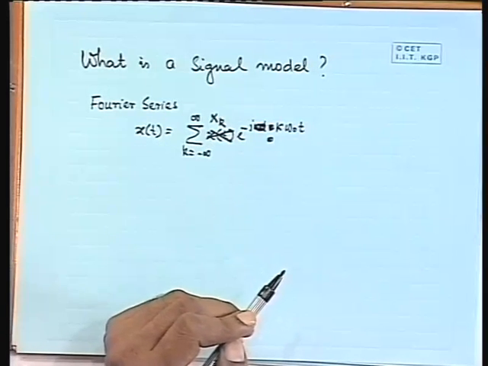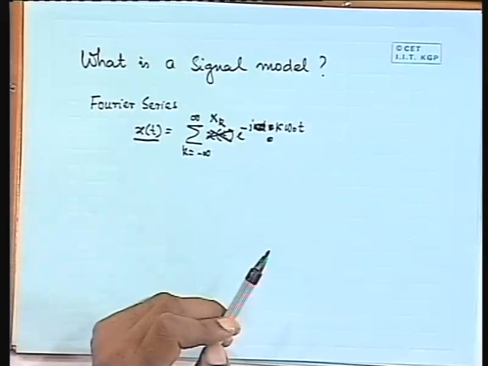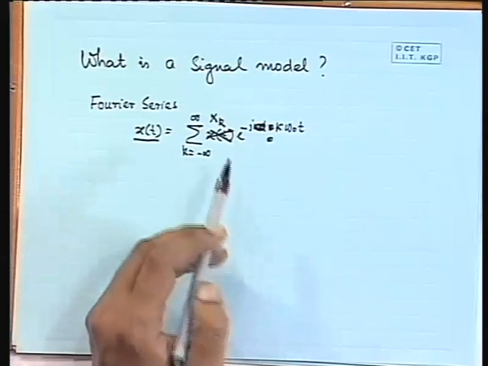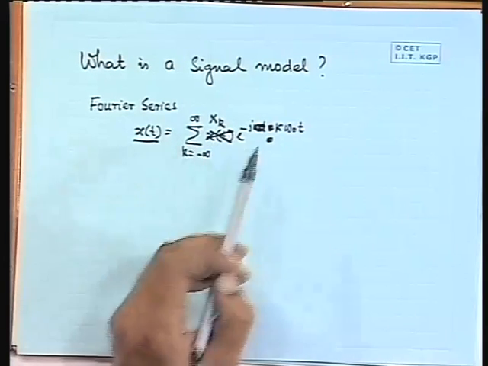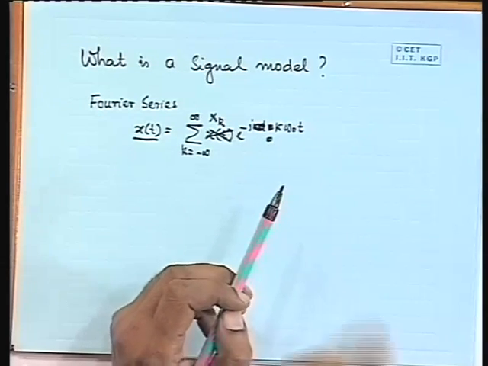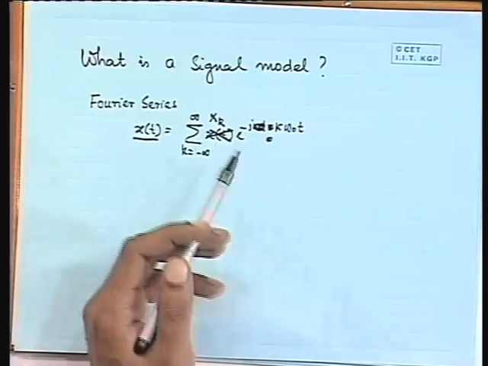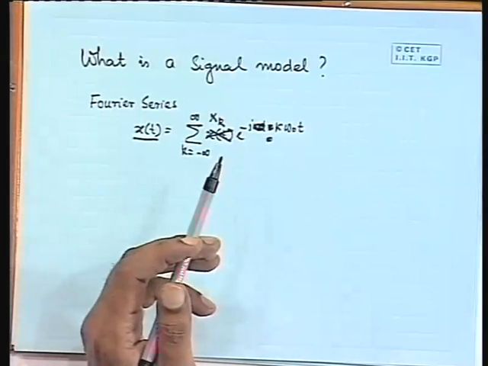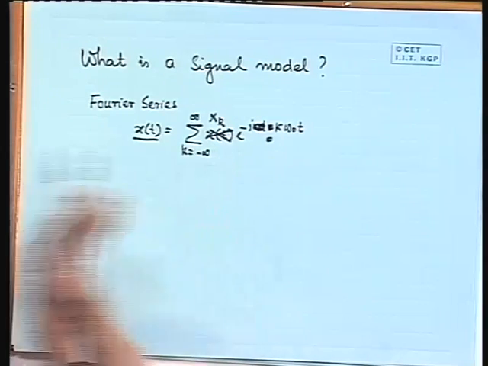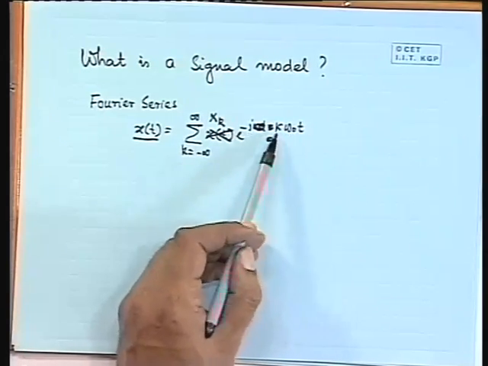We are saying that a periodic signal can be expressed as an infinite sum of complex exponentials, which in our earlier classes we wrote in terms of sines and cosines.